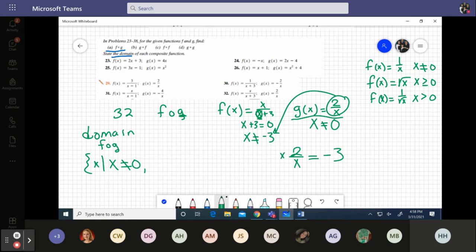So multiplying both sides by x, I've got 2 is equal to a negative 3x. Dividing by that negative 3, x is equal to a negative 2/3. So x cannot equal a negative 2/3.